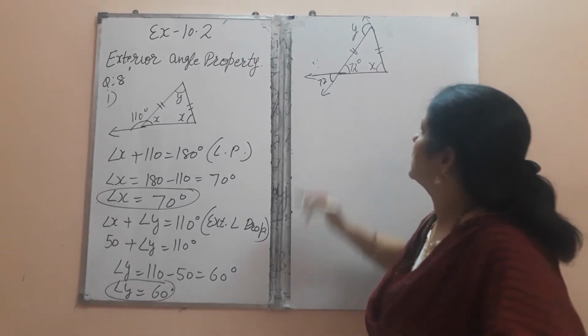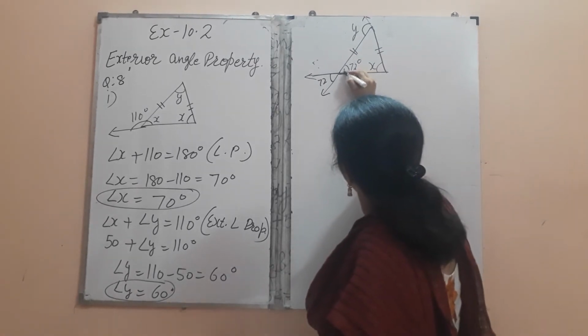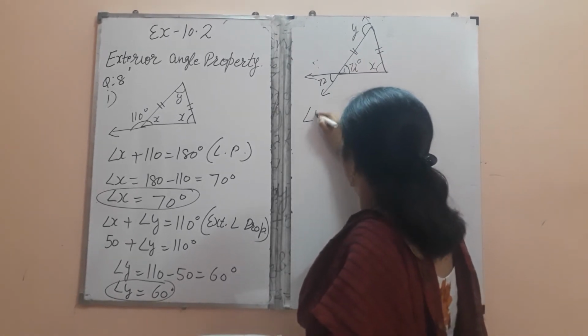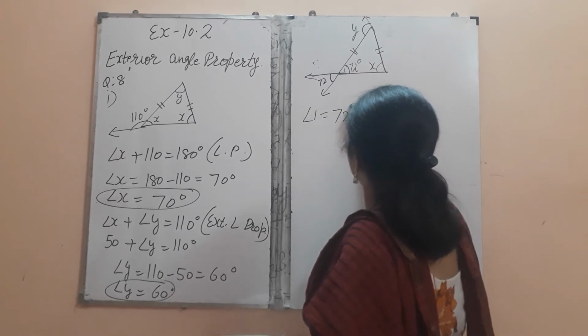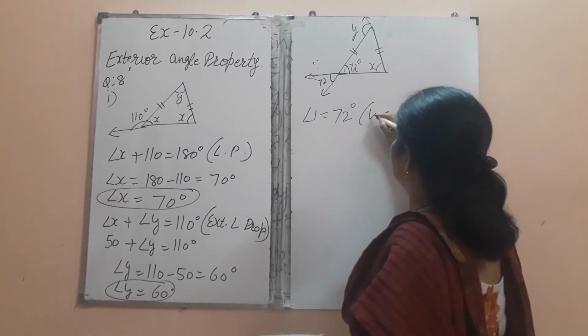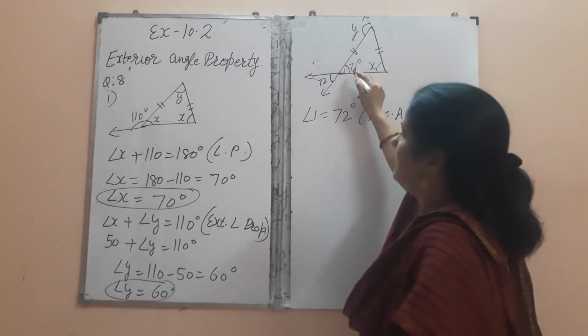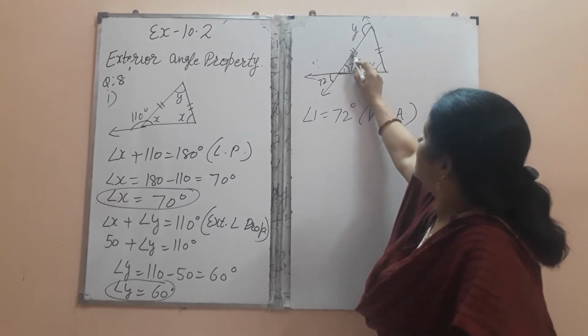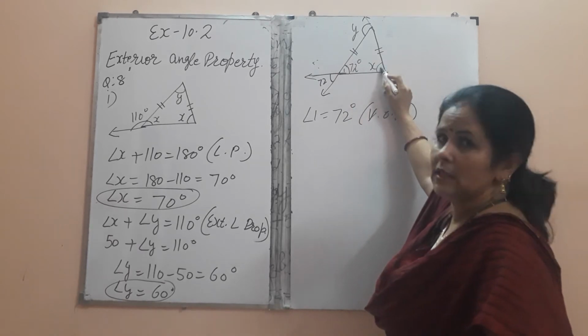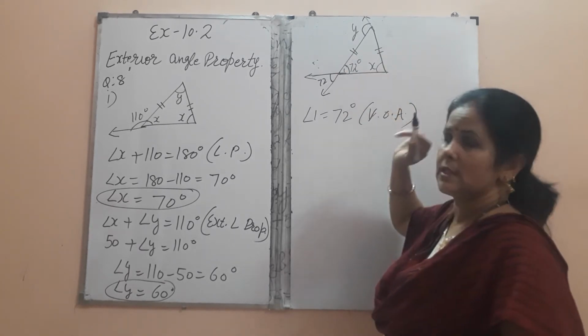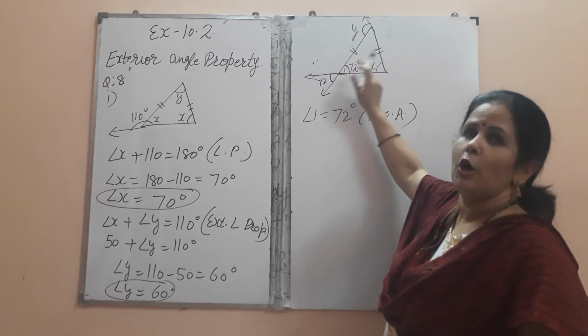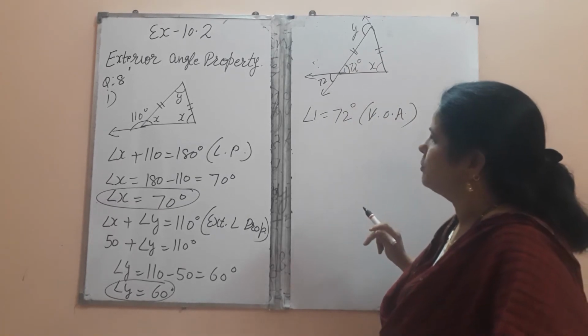Vertically opposite, we can assume this angle 1. So angle 1 equals 72°. Why? Vertically opposite angle. Understood? And now this side's opposite angle is this, and this side's opposite angle is this. Both the sides are equal, so the opposite angles will also be equal.